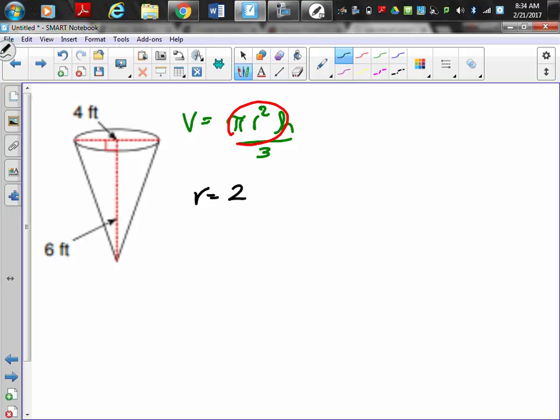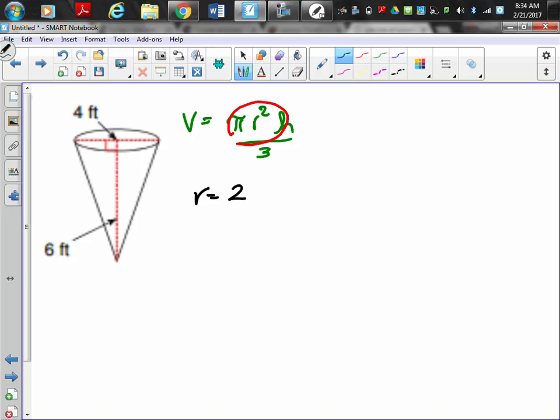Now, Miss Allen, what's my height? What's the height of my cone? Six, good.